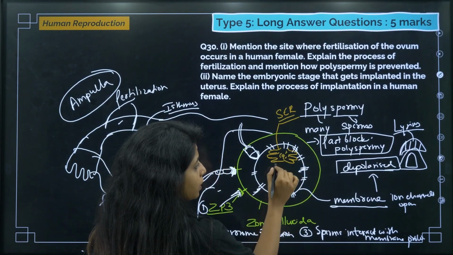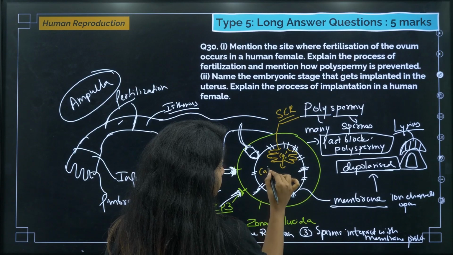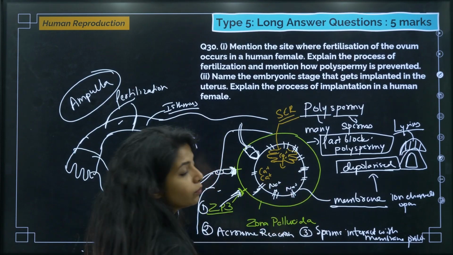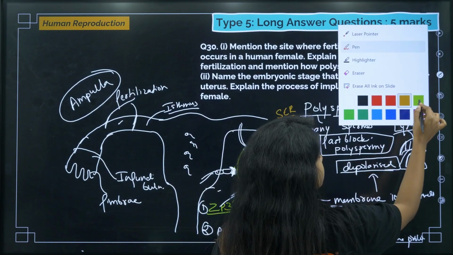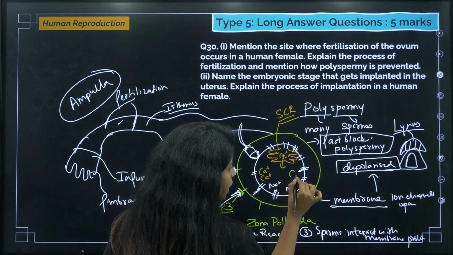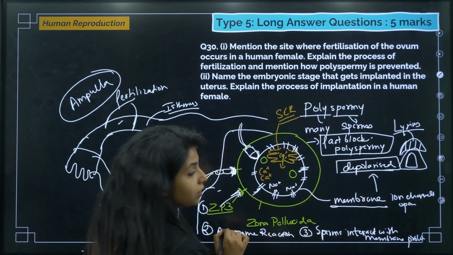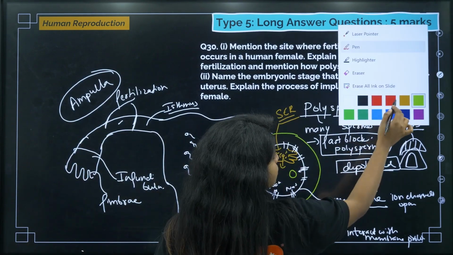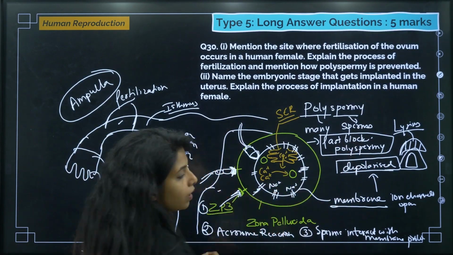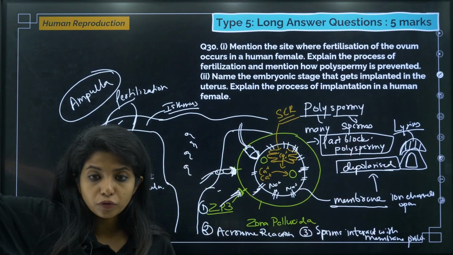Because of all this happening, calcium ions move outside. When calcium ions move outside, there comes the role of the next thing. There are certain granules in the cytoplasm, and these granules have certain enzymes. So the calcium ions slowly go and tell the granules, hey granules, go fuse with the membrane.